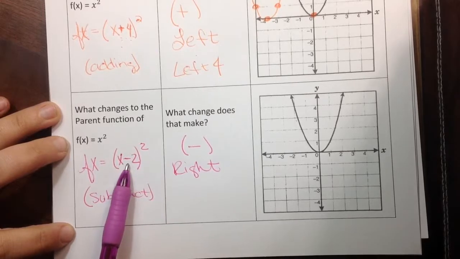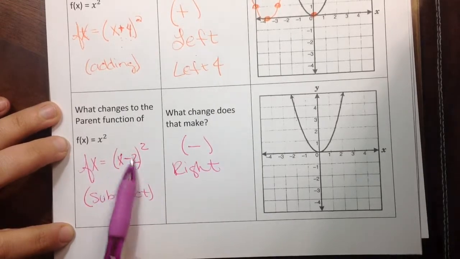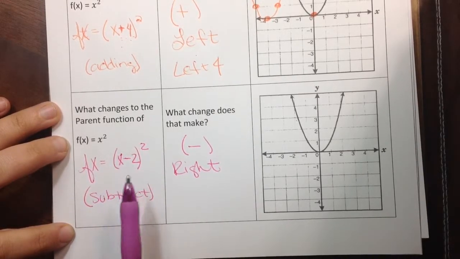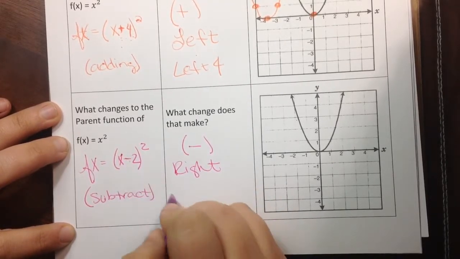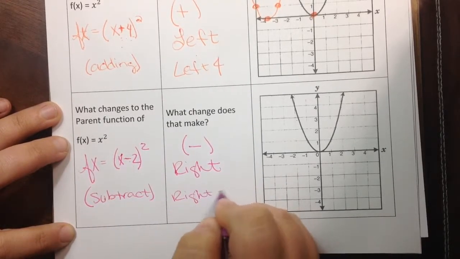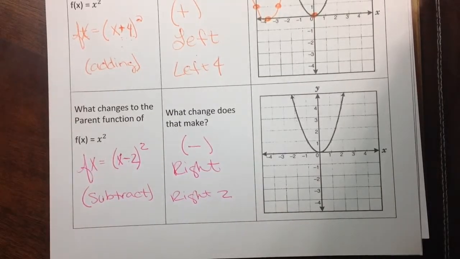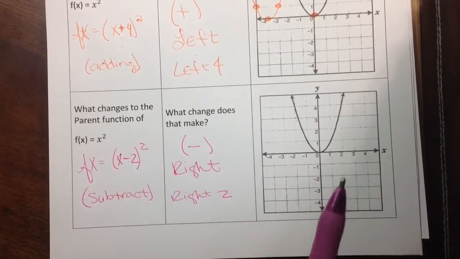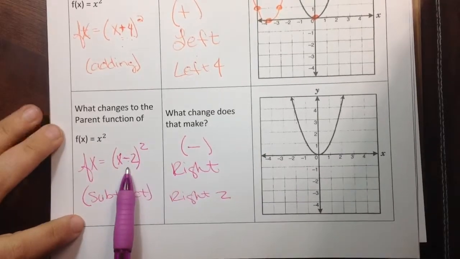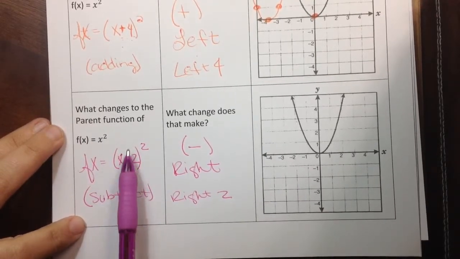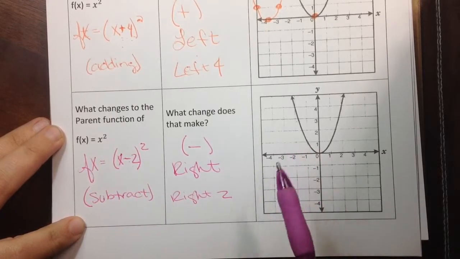Every time you see subtraction inside the parentheses for a quadratic like this, the graph will be moving to the right, in this case 2. Normally when we think positive, we think to the right, and negative, we think to the left, which is almost always the case. However, inside quadratic parentheses, we do the opposite.